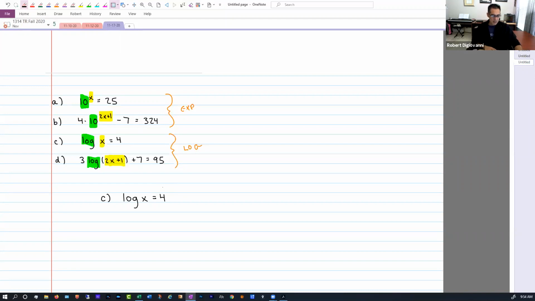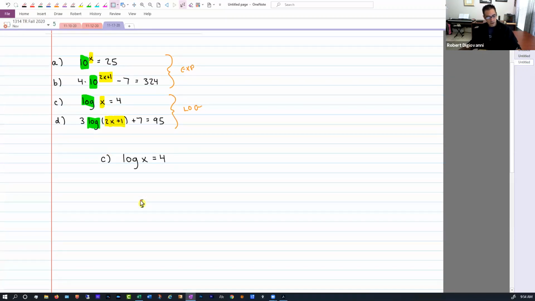To do this, we're going to try and kill off the log. We have a log, the x is inside the log, and we want to kill it. We killed the natural log by bringing in e on both sides. Here, we have to understand that the inverse of log is 10 to the x.